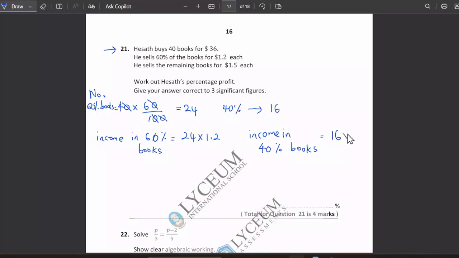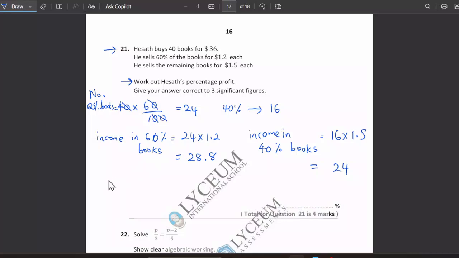That's 16 times 1.5. 24 times 1.2 gives us 28.8. 16 times 1.5 gives us 24. Okay. Now work out Hesab's percentage profit.